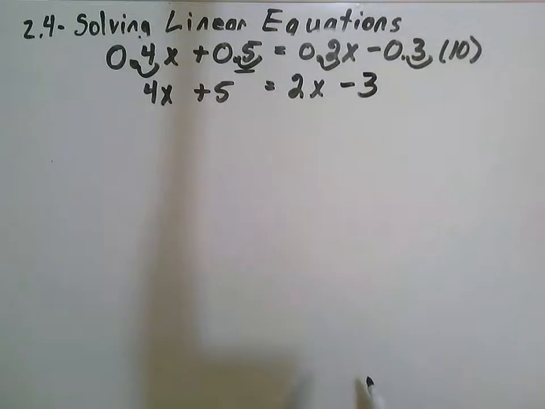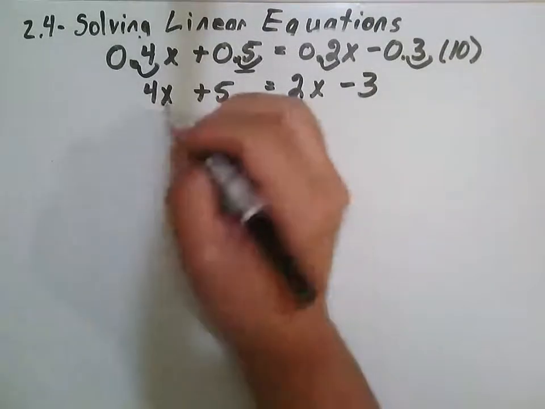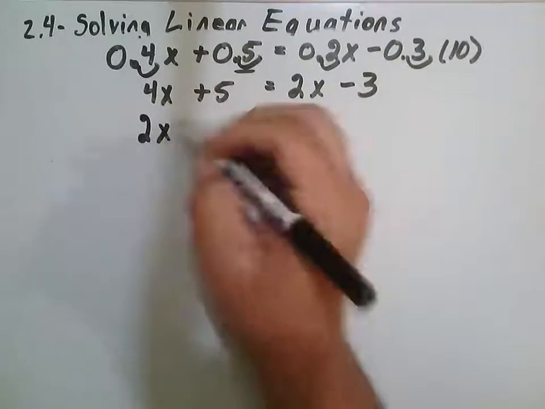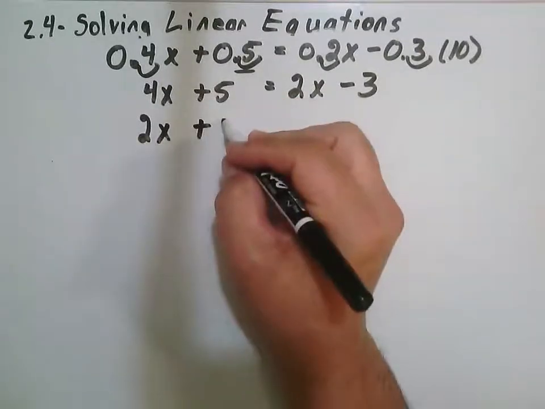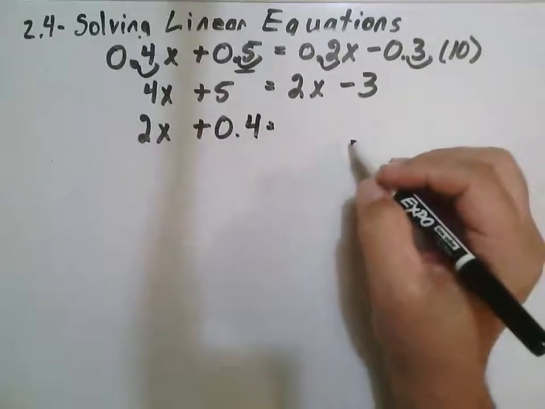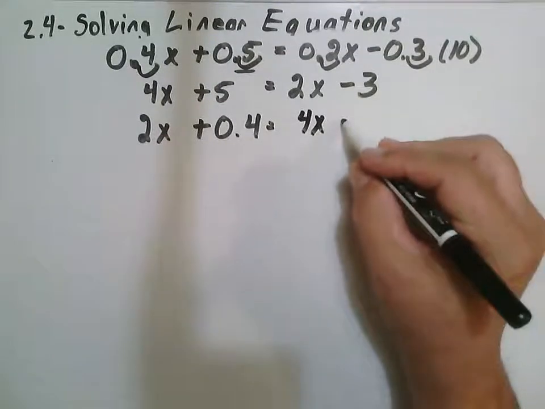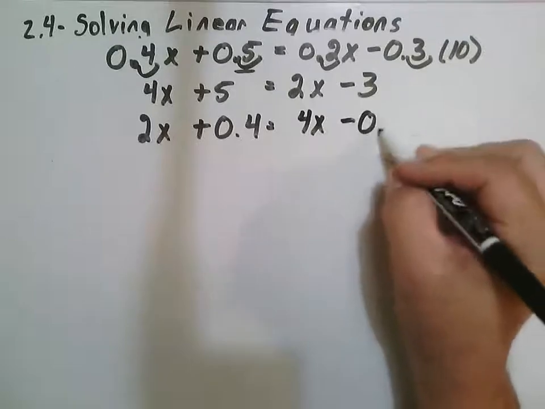Now, we're not going to solve this right now, I'm just showing you the example. So if I had 2x plus, oh, I don't know, let's say 0.4, and let's say I had 4x here minus 0.2x.